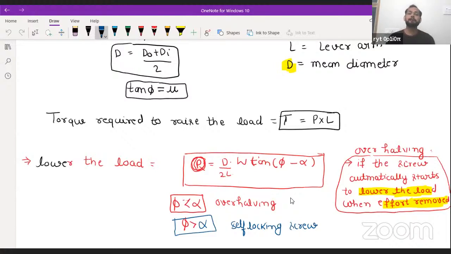Later on we will discuss the important portion, belt and pulley drive, and in the last one more important topic, Lagrange's function. For the remaining topics we will discuss doubts in the next session, which is related to problems on screw jack, belt and pulley, and Lagrange's equation.